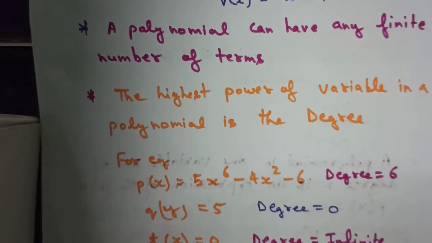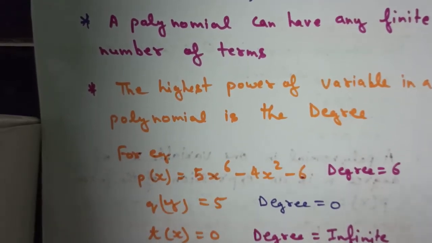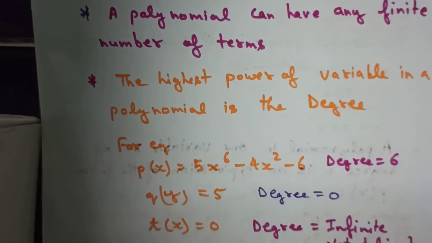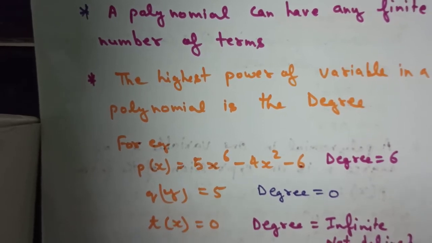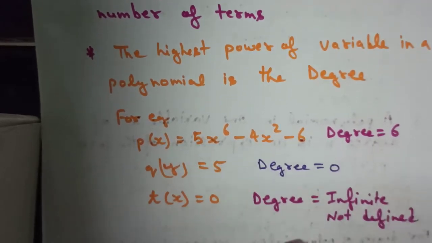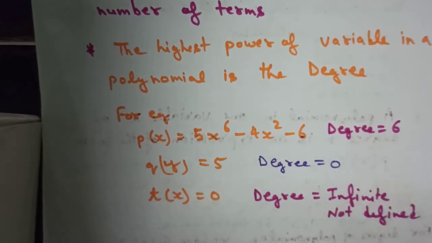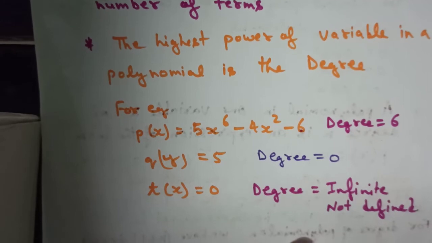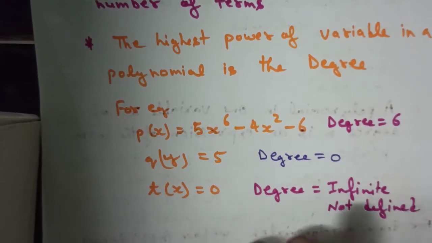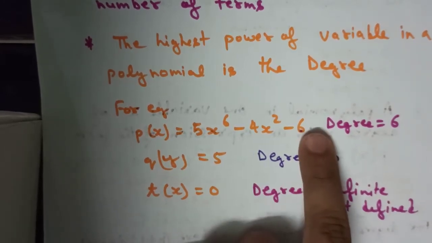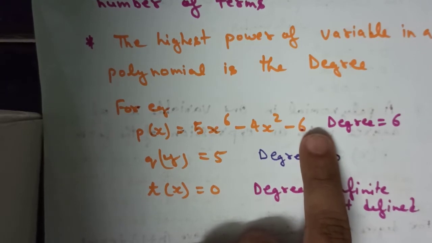Highest power of a variable in a polynomial is called the degree of the polynomial. For example, 5x power 6 minus 4x square minus 6. Here minus 6 can be written as minus 6x raised to the power 0.